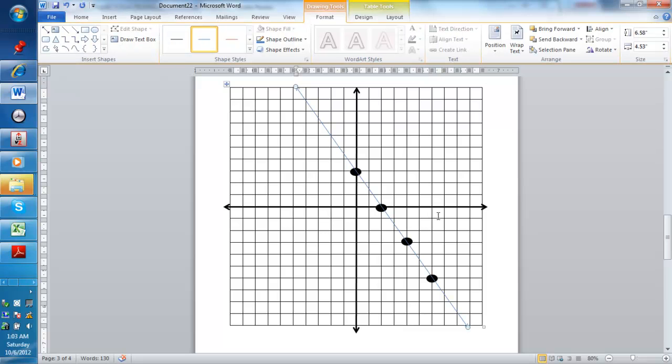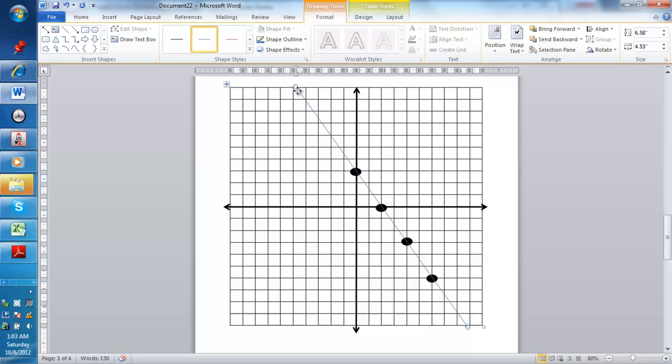If you're doing this by hand, there might be some slight inconsistencies, but for the most part, it represents the graph well of the line 9x plus 6y equals 18.